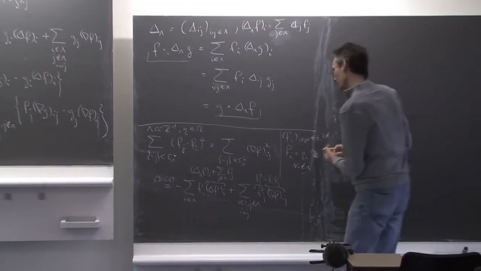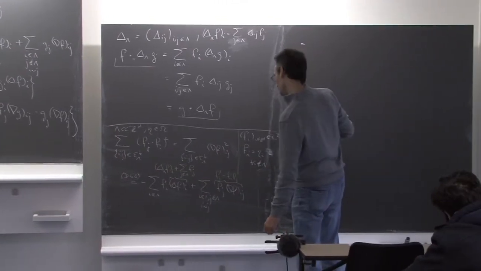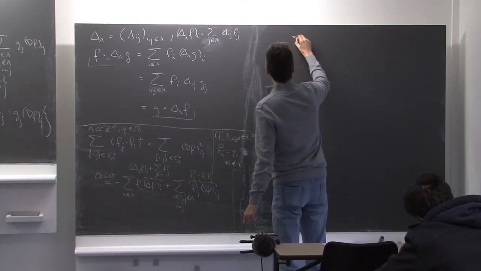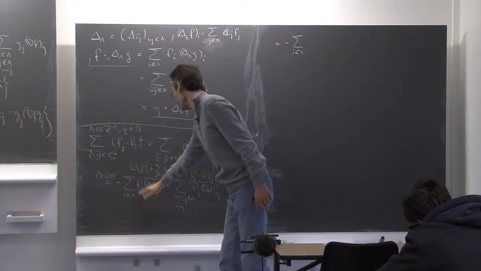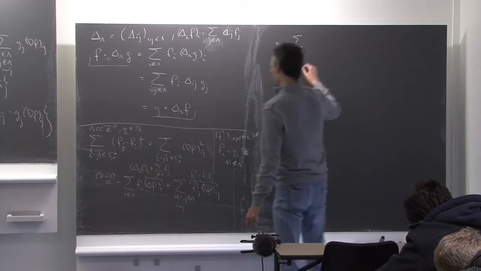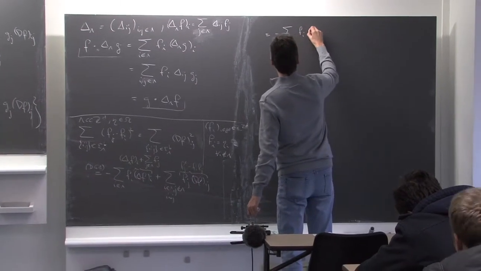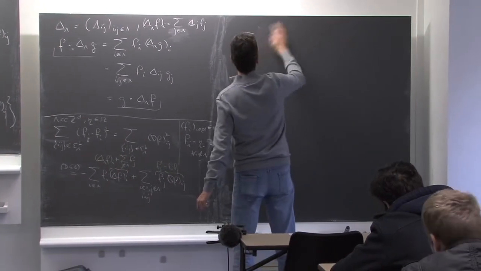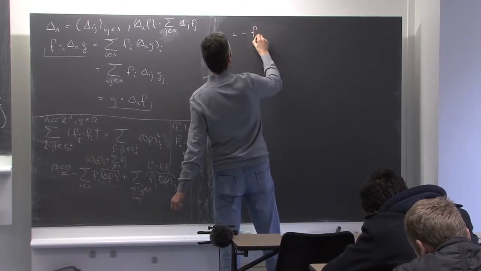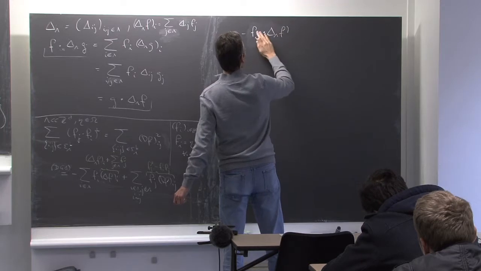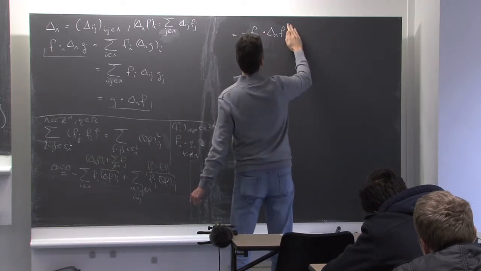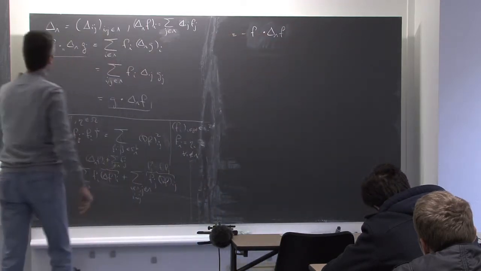So we arrive at minus the sum over i in lambda of f_i. I can write it shorter because I introduced the notation. This is really minus the scalar product of f with Laplacian lambda f, the notation I introduced just here.